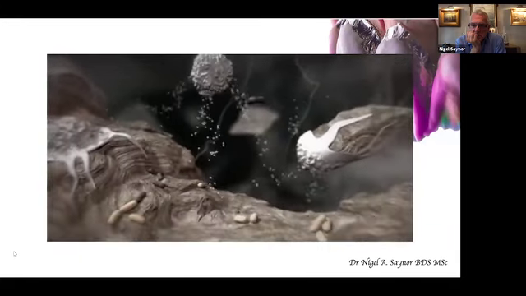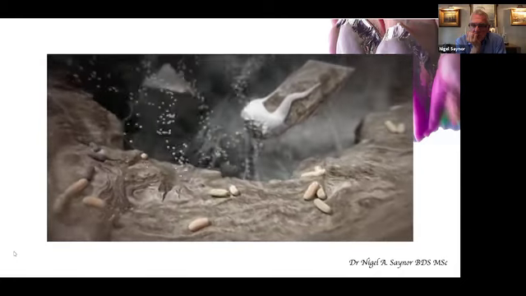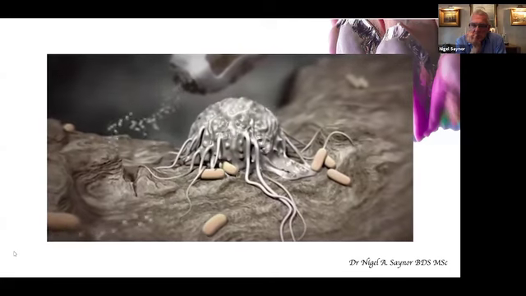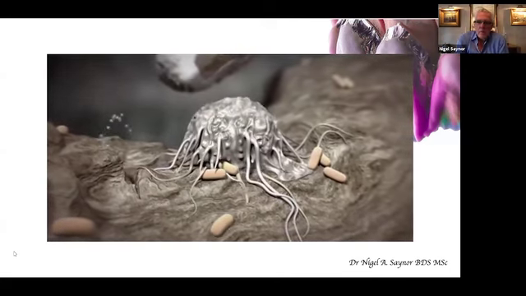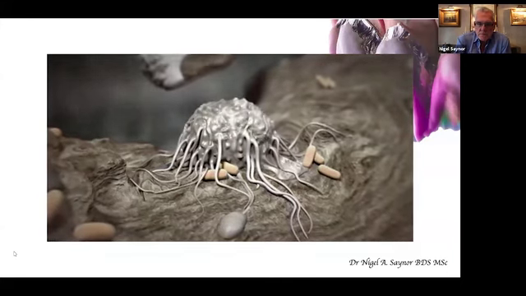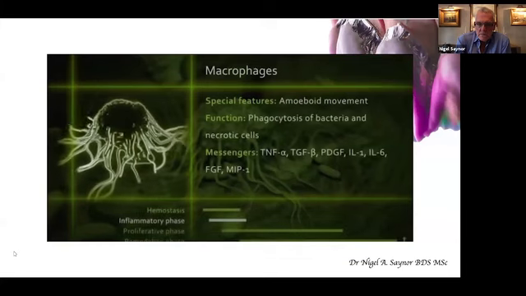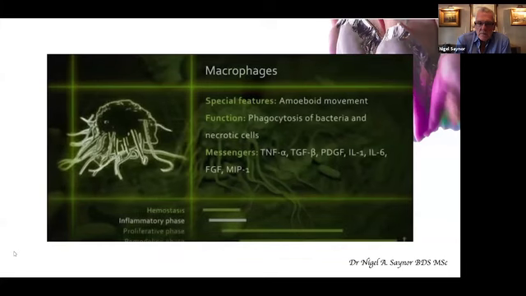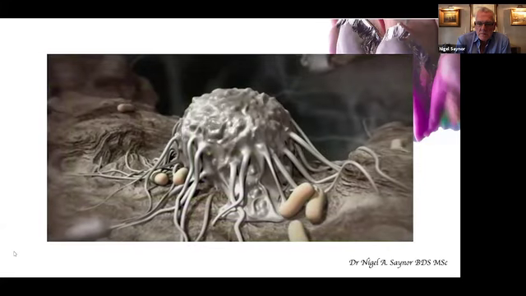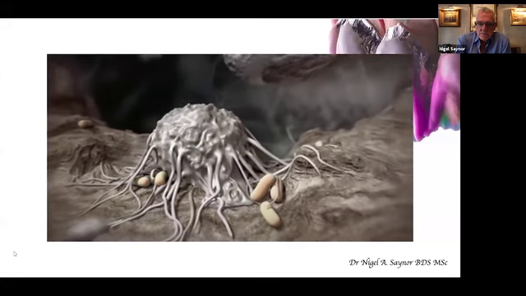PMLs can call for auxiliary support, for example, through the release of monocyte chemotactic protein, or MCP1. Macrophages respond and are the next actors to arrive on the scene. They too eliminate bacteria by phagocytosis. Tissue debris is taken up and biochemically degraded. Macrophages synthesize pro-inflammatory cytokines and proteases.